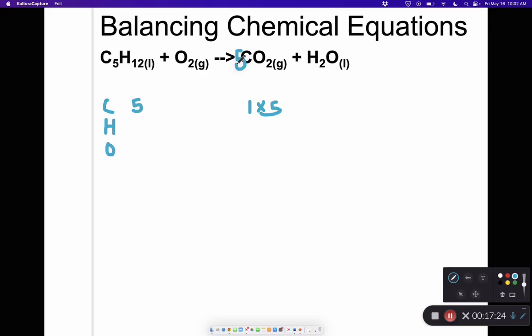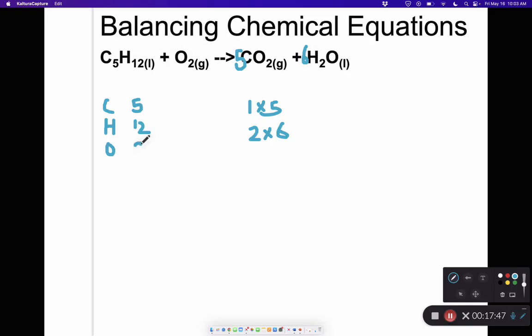Once you have 5 on the right hand side, go back to look at your hydrogen. You have 12 of them. On the right hand side you have just 2, so you have to multiply by 6 to get 12. Now go back and check for oxygen.